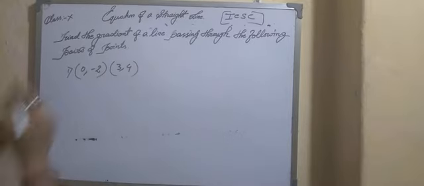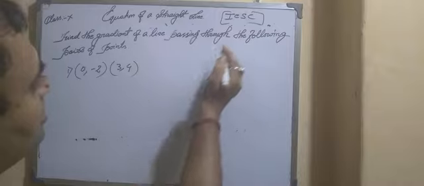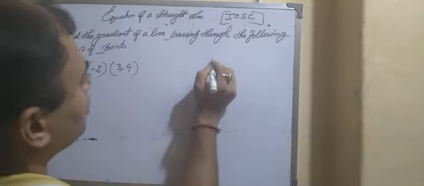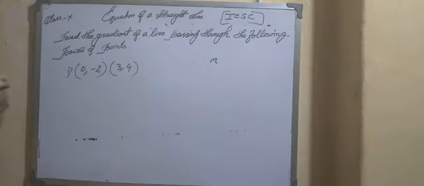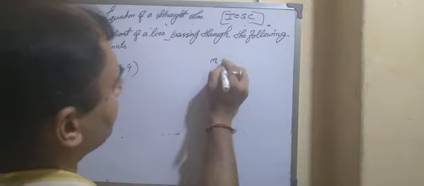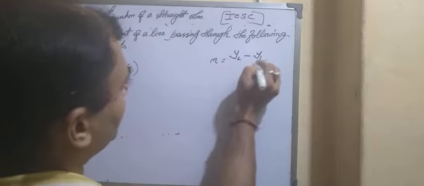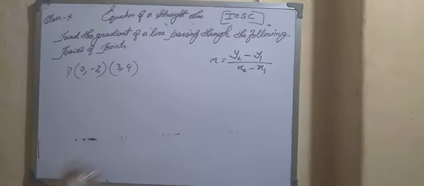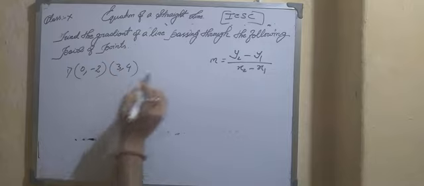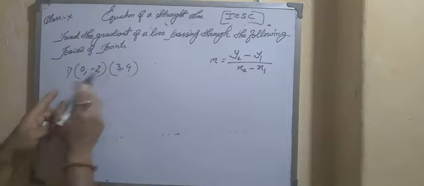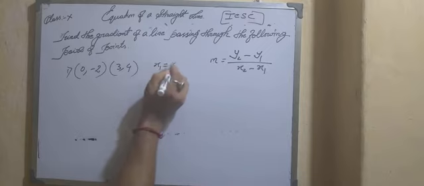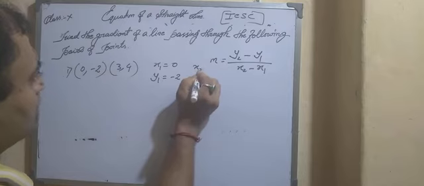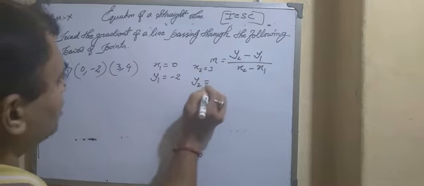Now friends, here find the gradient of a line passing through the following pairs of points. That means we have to find m, and we have a formula, that is y2 minus y1 over x2 minus x1. And m is called the gradient. So here 2 points are given. That means x1 is equal to 0, y1 is equal to minus 2, x2 is equal to 3 and y2 is equal to 4.